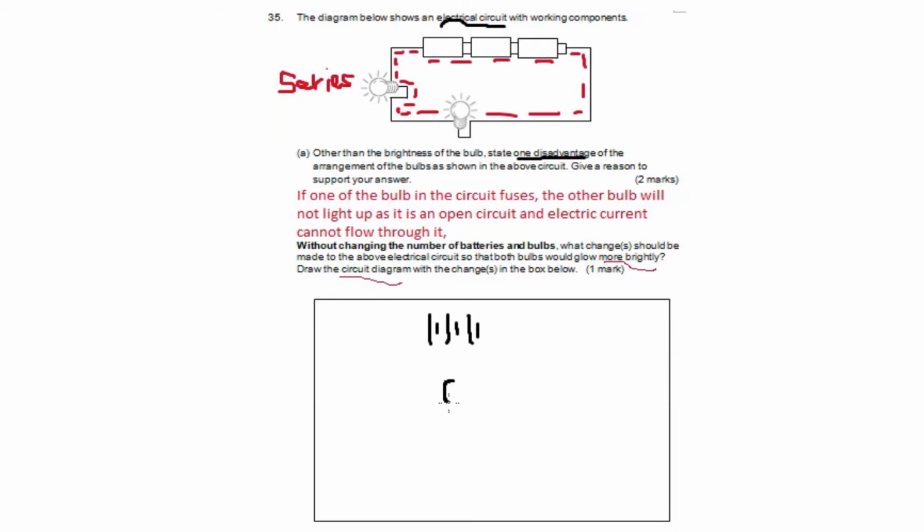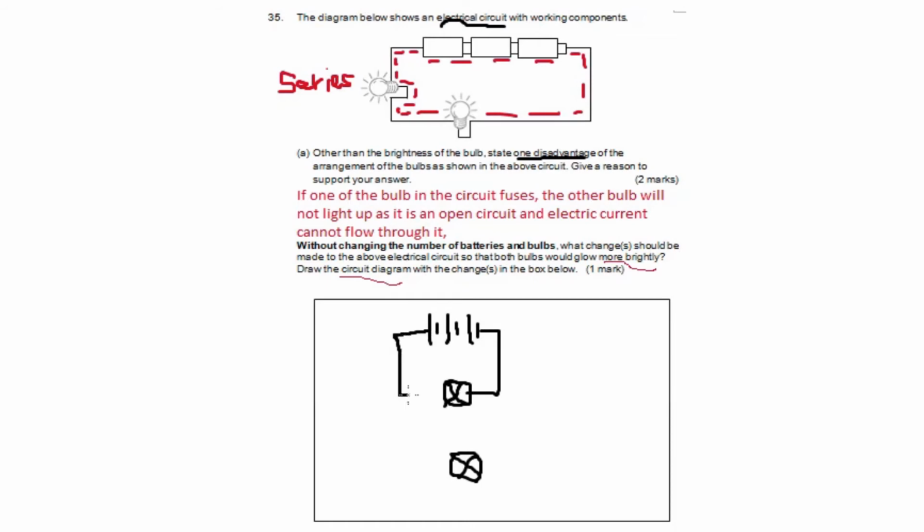So let me just draw a bulb. It's a circle and a cross. This is my bulb. It's not that nice, circle and a cross. This is another bulb, and I have to just link them in parallel. So this one is going via this way.